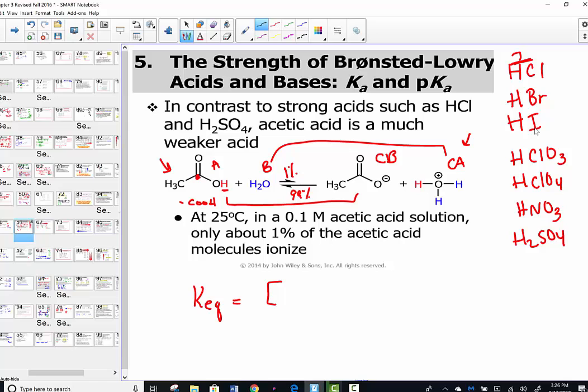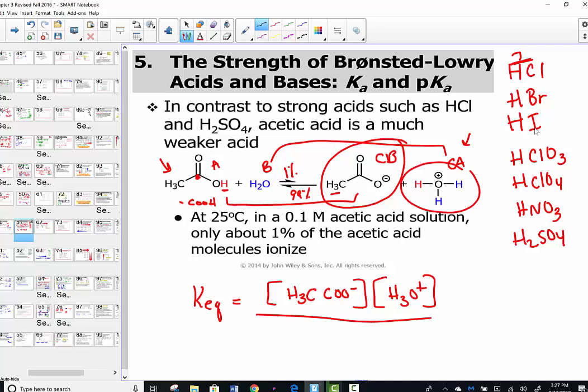So if we take a look at what this means, we have CH3COO negative, the conjugate base written out, its molar concentration times the molar concentration of the hydronium ion, the second product, set over the original molecular form of the acid, CH3COOH, and the other reactant there, the molecular form of water.